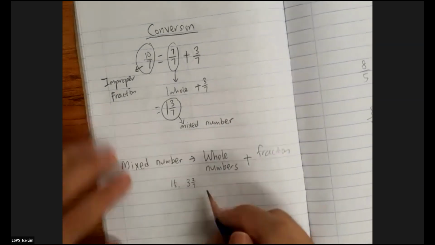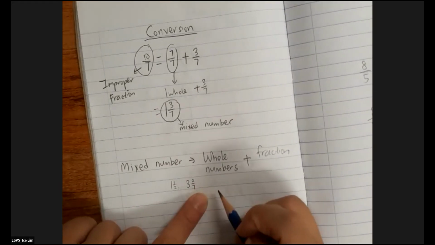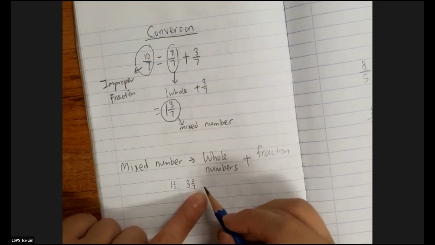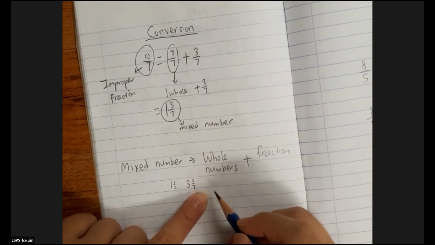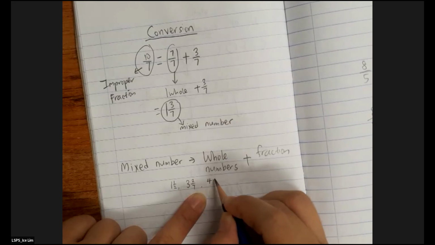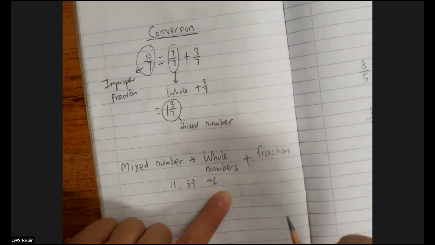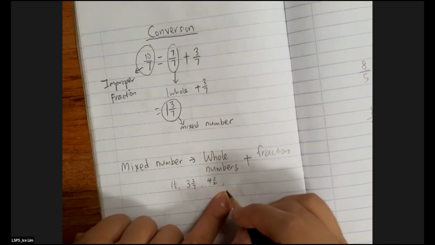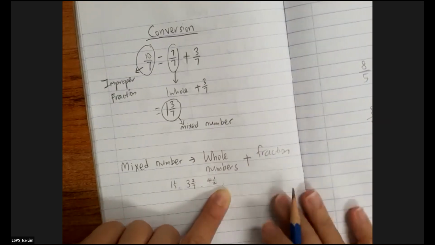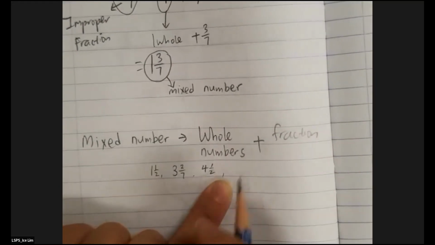Any other examples of whole numbers and fractions that give you mixed numbers? You can give me any examples. Yeah, 4 wholes and a half. So you say 4 and 1/2. Okay. Give me another example, Shamila. Another example of a mixed number.